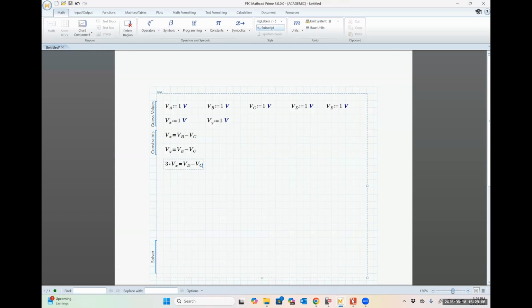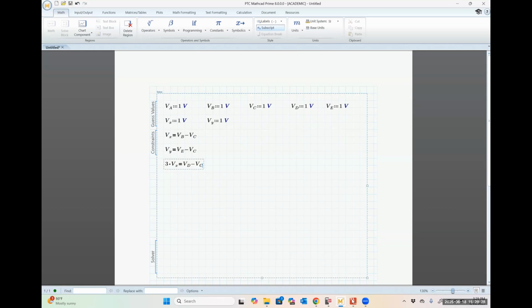For what it's worth, that 3, because it is a voltage-controlled voltage source, has units of volts per volt, so those would cancel each other out. If this were a current-controlled voltage source, I would very much need to use the units of amps per volt. Otherwise, I'd wind up getting an error here when I tried to solve it.